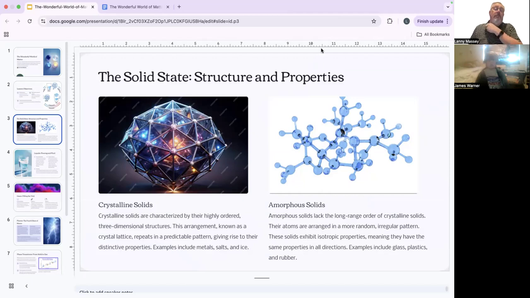Now, there are two types of solids: there's the crystalline solid and the amorphous solid. And you're going to say to yourself, what's the difference? It's a solid. Well, a crystalline solid is characterized by highly ordered three-dimensional structures. What we mean by that is there's a three-dimensional pattern to how the atoms line up, and by having that arrangement, they can take on very specific shapes.